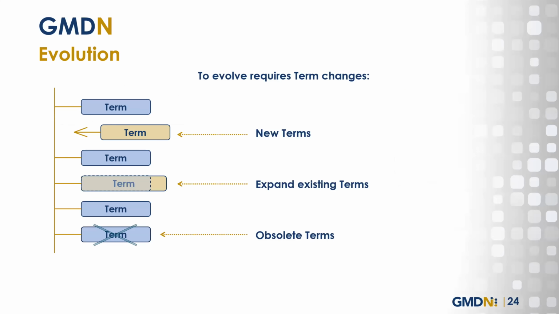So this exactly illustrates what I just said. New terms, expanded existing terms, or obsolete terms are the three main actuators, let's say, of the database.